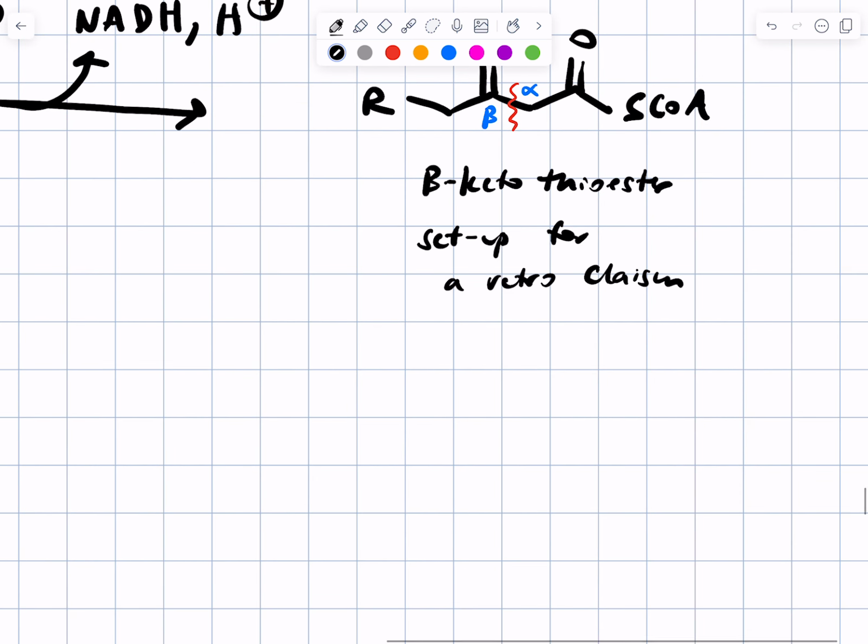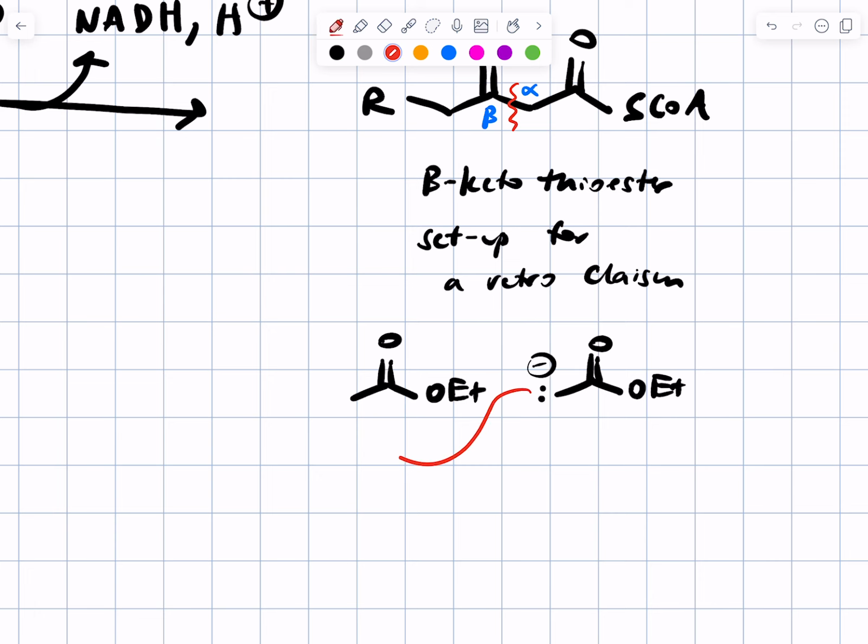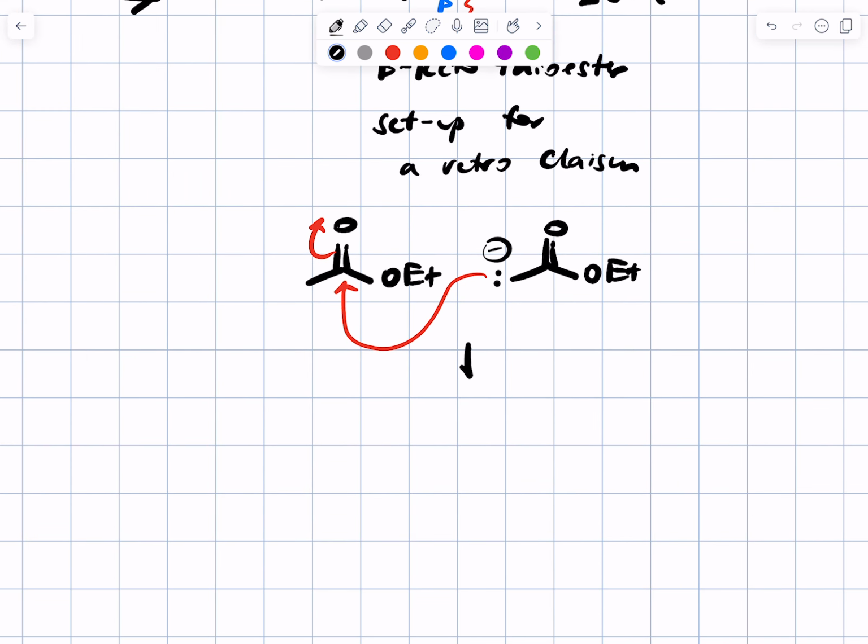And just to remind you, what is a Claisen reaction? In the Claisen reaction, we take two molecules, in this case of the same ester. We make one of them an enolate. We make a new bond between alpha and beta carbons. We get a tetrahedral intermediate.